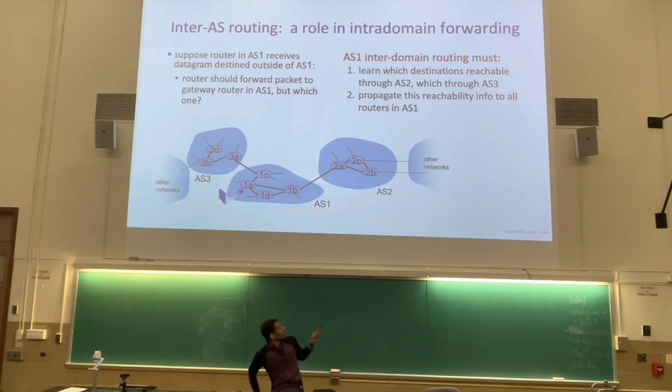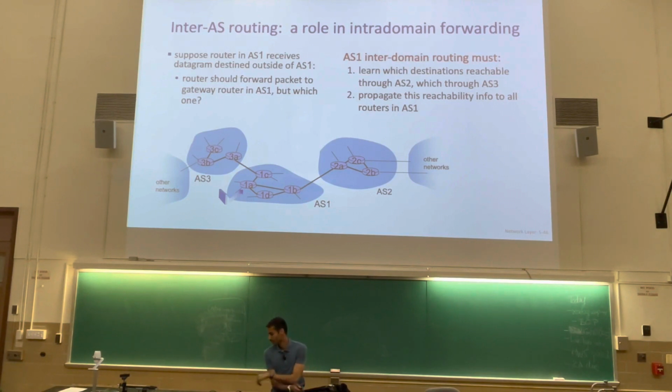So for example, 1B in this network will figure out from AS2 which destinations are reachable via AS2, and then it'll propagate internally to 1A, C, and D the information that, hey, these are the prefixes that are reachable through AS2. So if you have packets that are destined to any of the prefixes reachable through AS2, send it towards me.